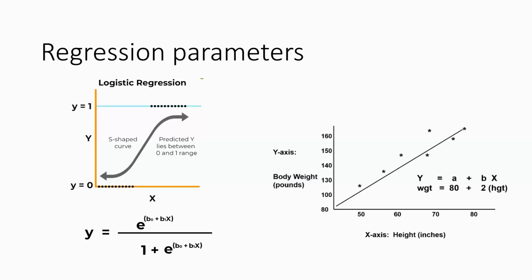So, for example, if this approximation of reality using this linear equation says that the expected value of body weight given a specific value of height is 80 plus 2 into height, then A is mathematically the intercept, which means that it is the value of y when x is 0. That means if height is 0, weight is equal to 80.